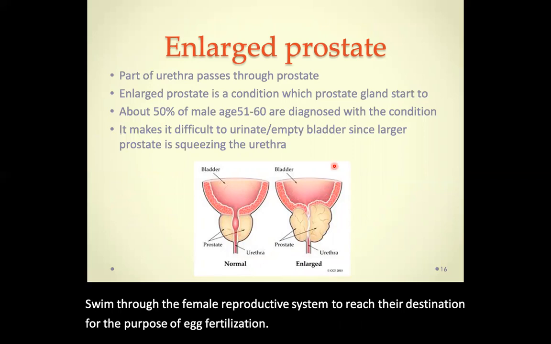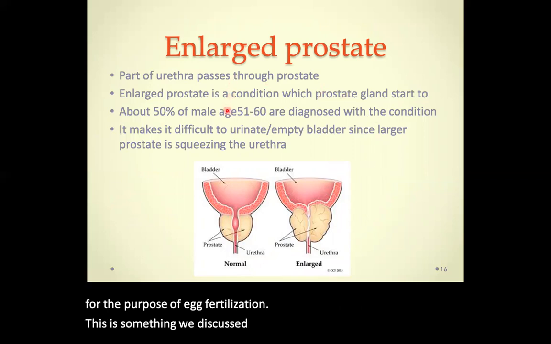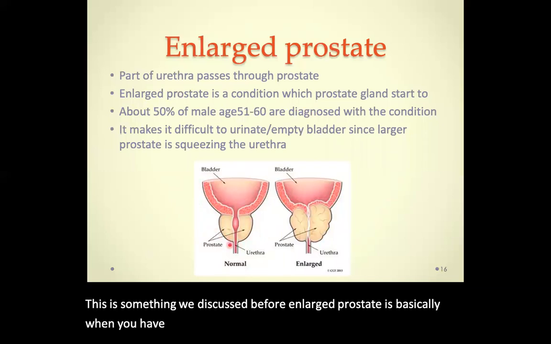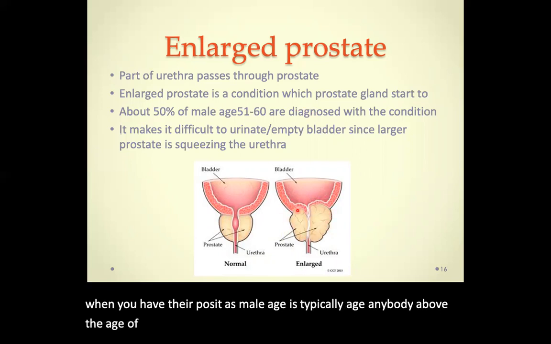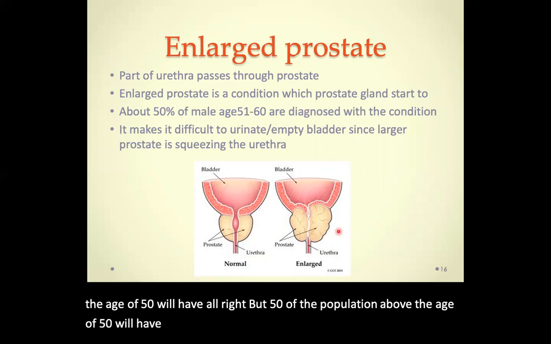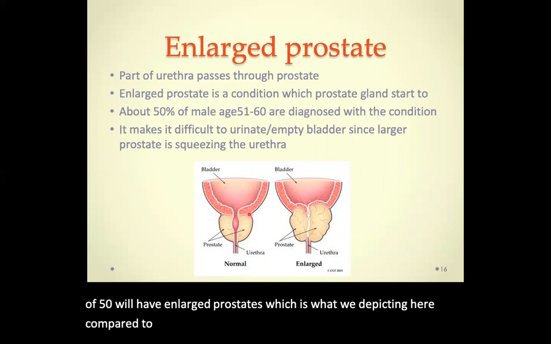This is something we discussed before. Enlarged prostate is when, as the male ages, typically about 50% of the population above the age of 50 will have an enlarged prostate, which is what we're depicting here compared to the normal prostate gland.